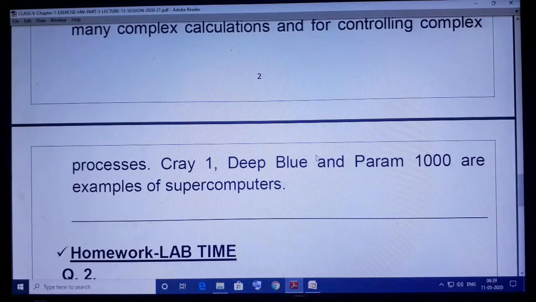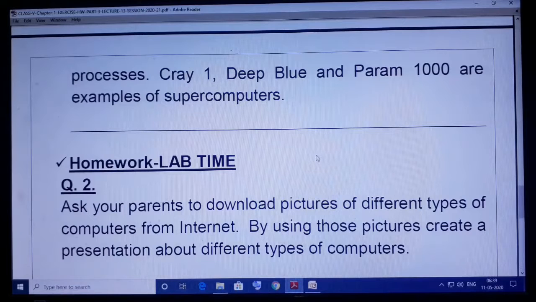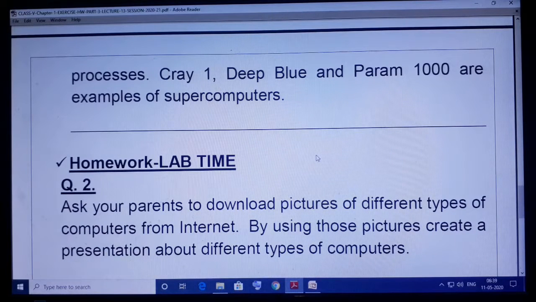Now come to your homework. Question number 2 of Lab Time. So how will you finish your homework? Ask your parents to download pictures of different types of computers from the internet. By using those pictures, create a presentation about different types of computers.